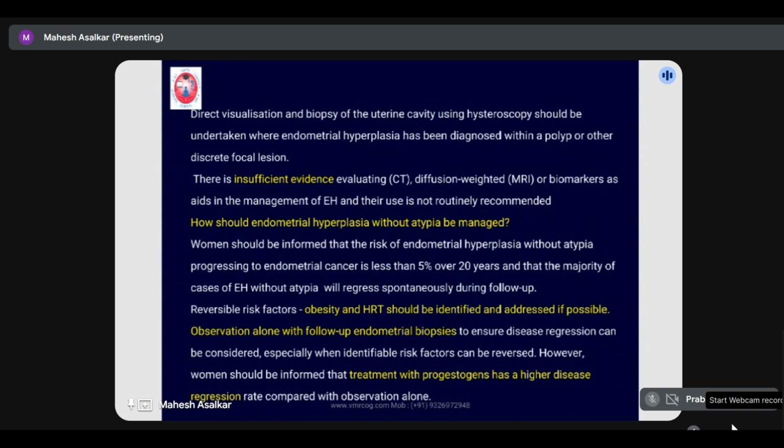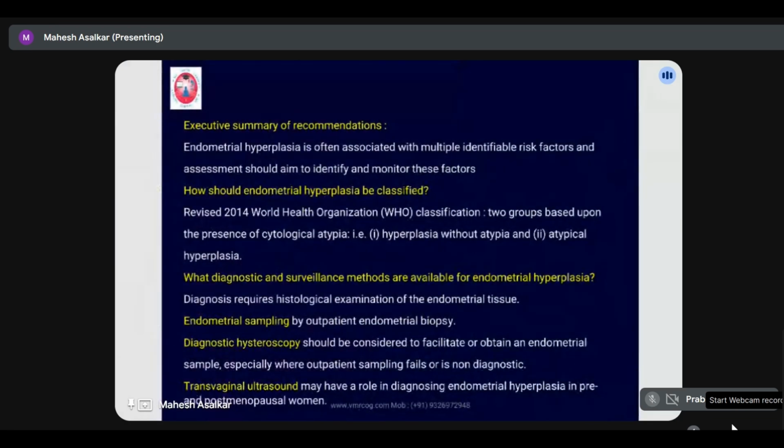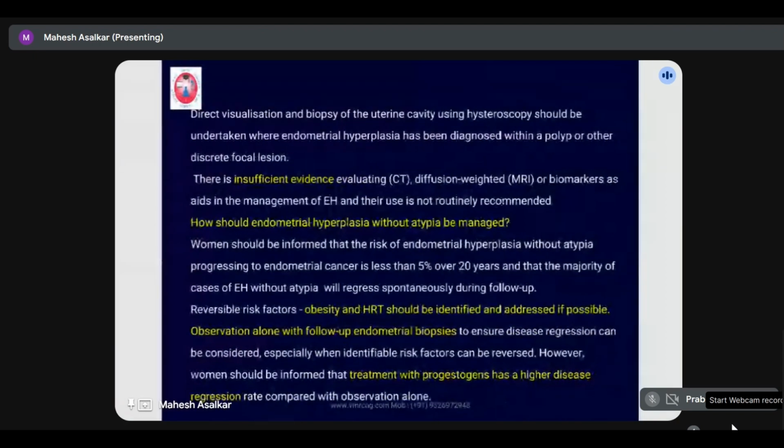Second, diagnostic hysteroscopy if the endometrial sampling fails or is non-diagnostic. Third, ultrasound has some role in diagnosing endometrial hyperplasia, and if you find hyperplasia in the polyp, in that case you have to do diagnostic hysteroscopy to sample the endometrium. And CT and MRI are not recommended.